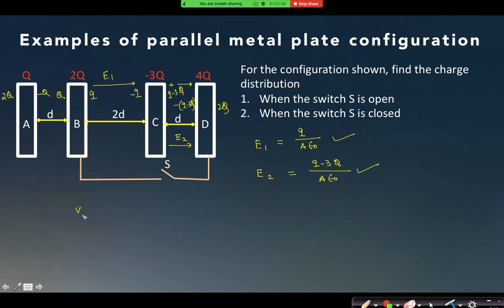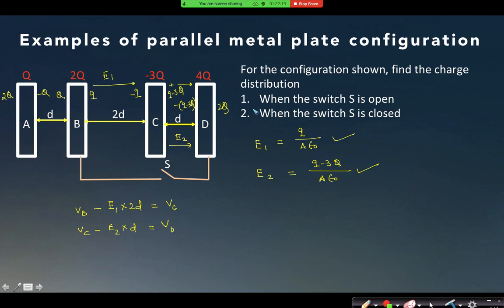So can I say VB minus E1 into 2D is equal to VC? Can I write this equation? Similarly, can I write VC minus E2 into D equal to VD?